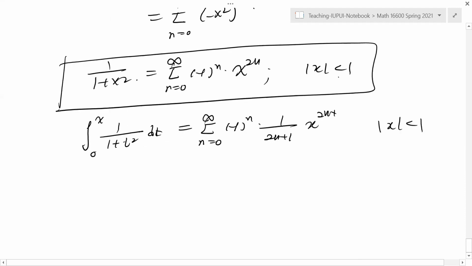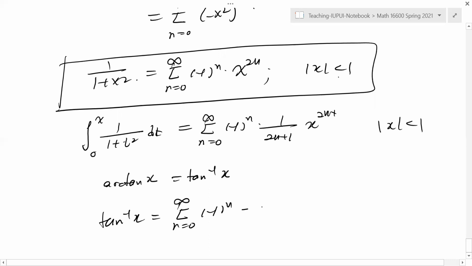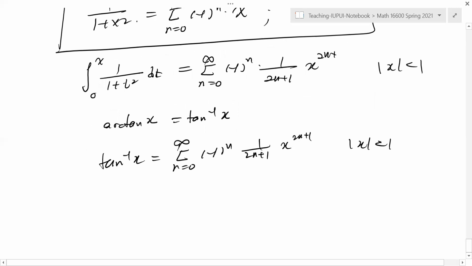On the left-hand side, the antiderivative is just arctangent x, or this is another way to describe it. So we get a formula for the arctangent. See, we jumped to the arctangent x.